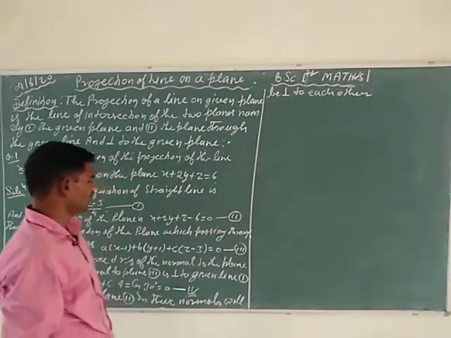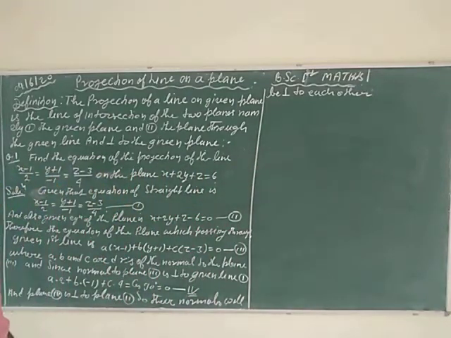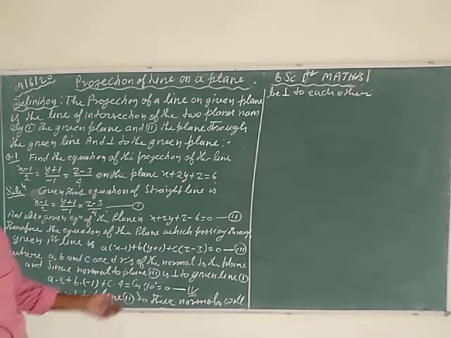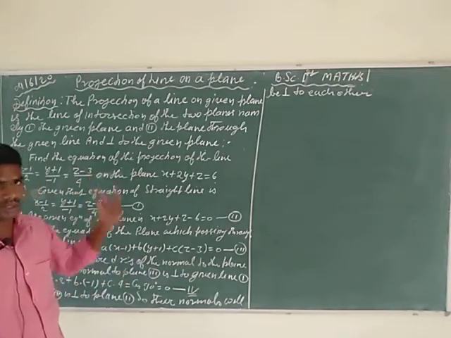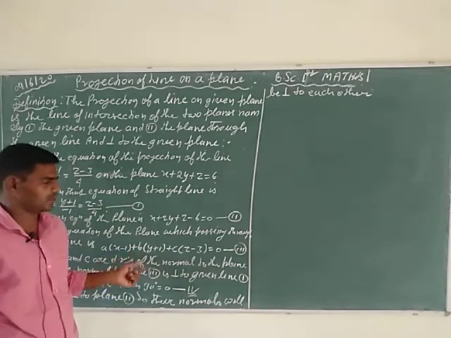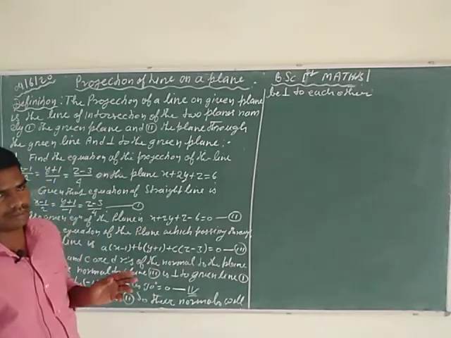Means the normal of plane second and the normal of plane third will be perpendicular to each other, because according to the definition of projection of a line on the given plane, plane third must be perpendicular to plane second, the given plane.